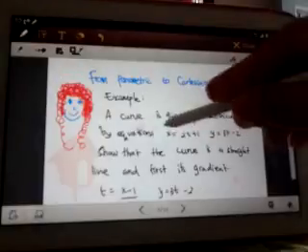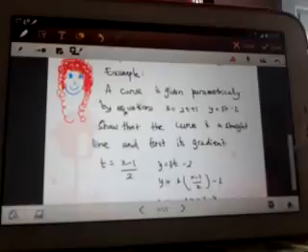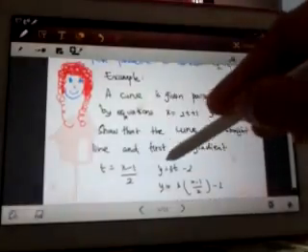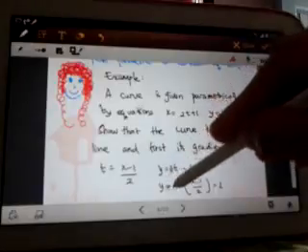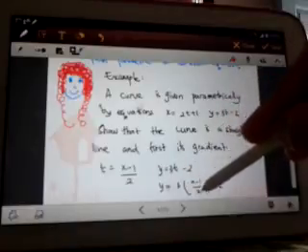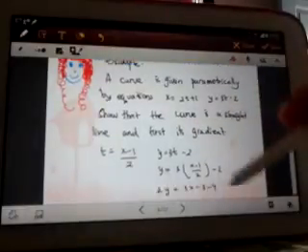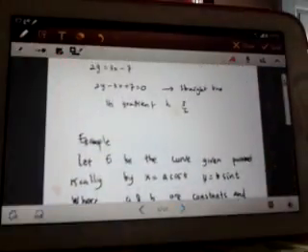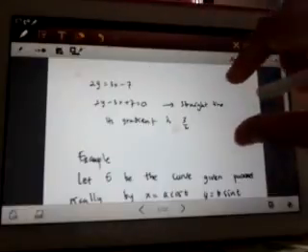So t is equal to x minus 1 over 2, and you substitute this into the other equation. So y is equal to 3 times x minus 1 over 2, minus 2, and then you do the calculation.